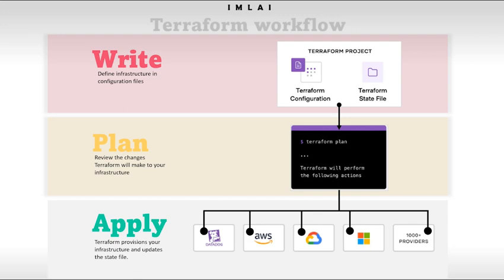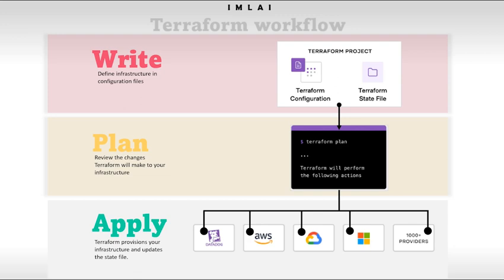This is one example for apply; you can take a lot of examples. So this workflow: creating a configuration file, then planning the changes, then applying it to the specific service provider. It could be AWS, Datadog, GCP, Microsoft Azure, or any of 1,000+ providers. And this is the workflow of Terraform.